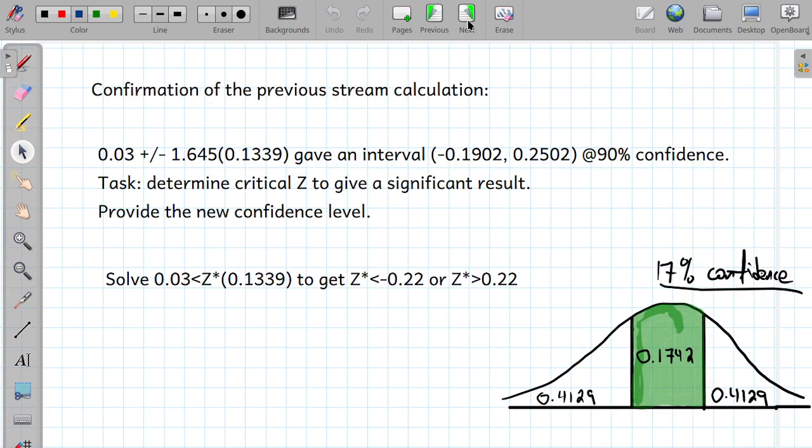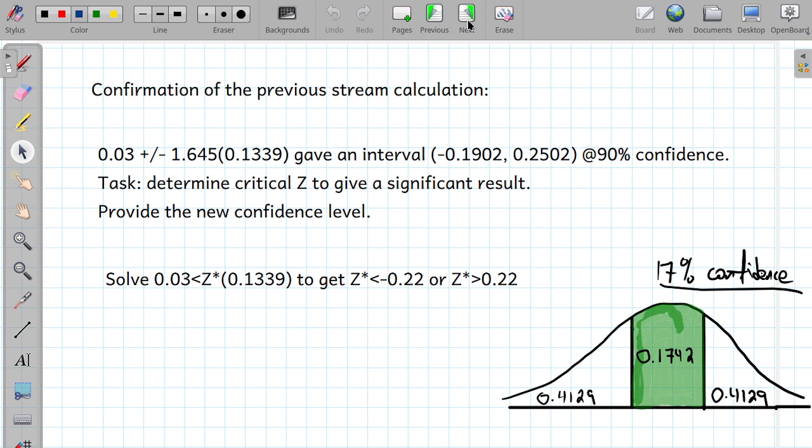But we have some unfinished business. From lecture number 12, I said I would review the one question, make sure I had the right answer, and it is correct, but let's just summarize from lecture 12. We did a two-sample confidence interval.